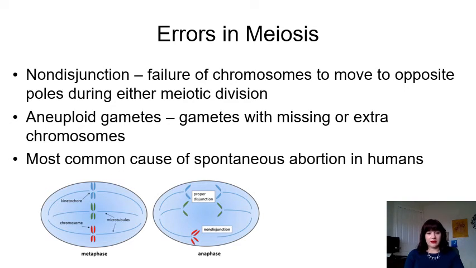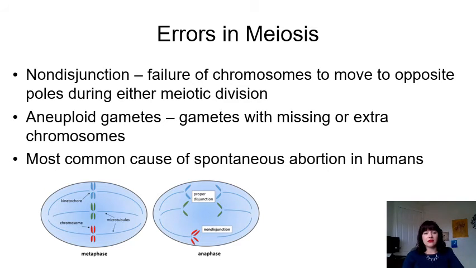So maybe the daughter cell on the left would have 24 chromosomes, for example, and the one on the right would have 22, something like that. If you have extra or missing chromosomes, this is called aneuploidy. Most of the time, when a zygote experiences this, it will not survive.